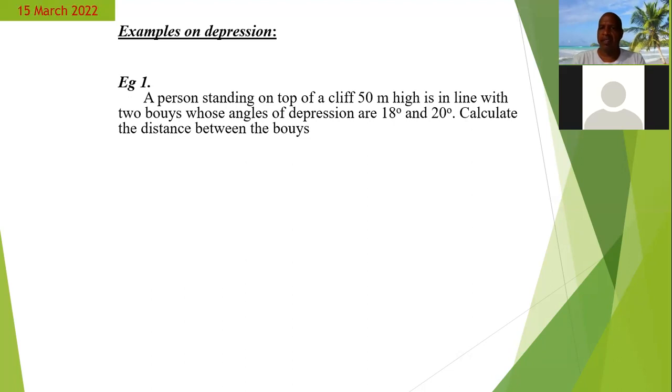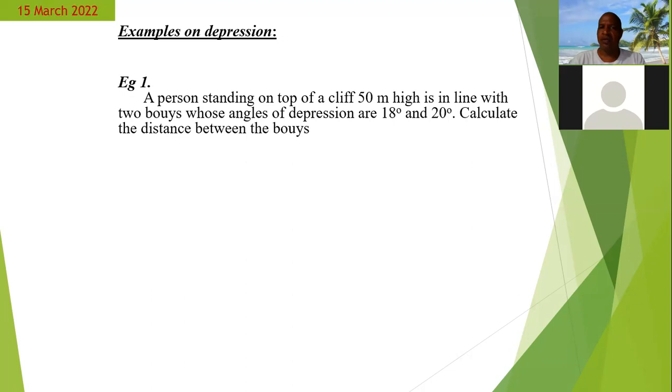All right, now the buoys are just some floating devices that they have out in the sea. Sometimes they may put lights on them so that they float to give ships light on the sea to know where they're going. So a buoy is just a floating device. So a person is standing on the top of a cliff 50 meters high, in line with two buoys.